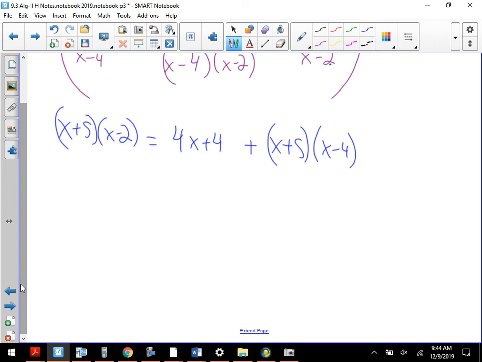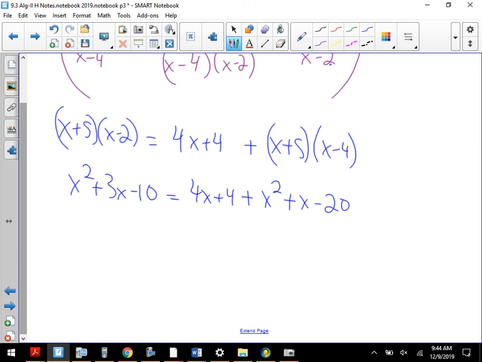We're going to have x squared plus 5x minus 2x. We have plus 3x minus 10, 4x and 4. X squared plus 5x minus 4x means we have a plus x and a minus 20. Now it's easy, because you have variables on both sides of the equation, they just both happen to have the same coefficient with the x squared.